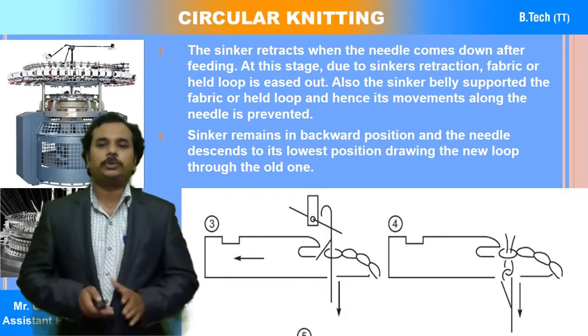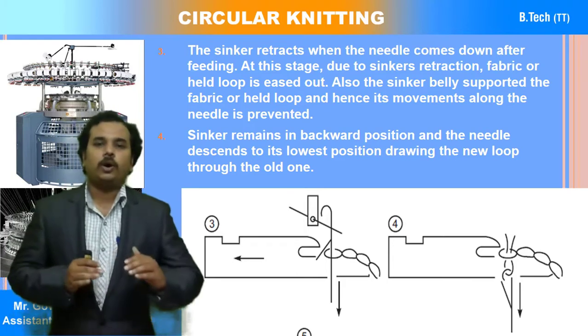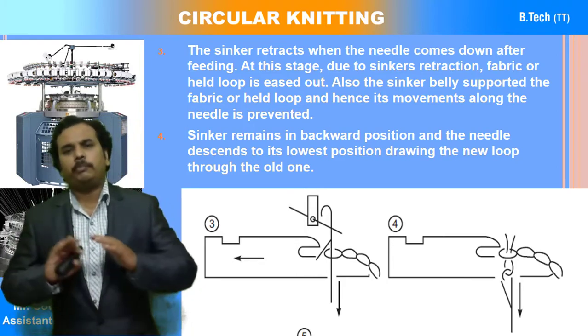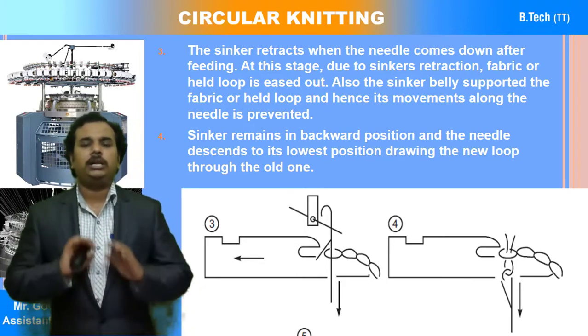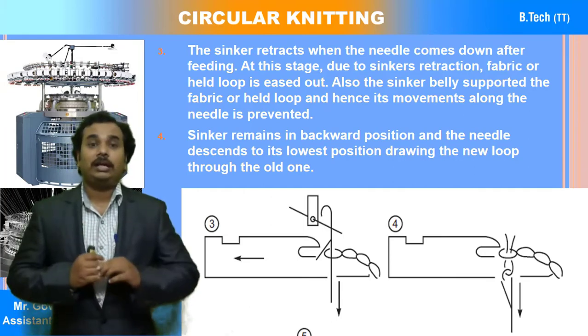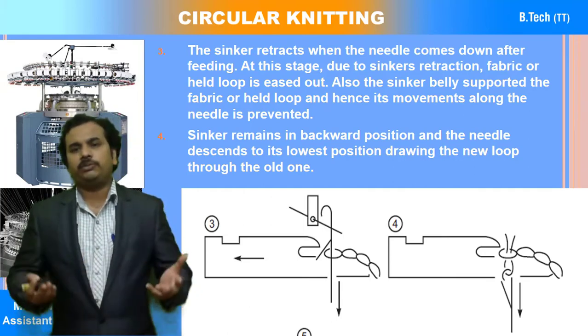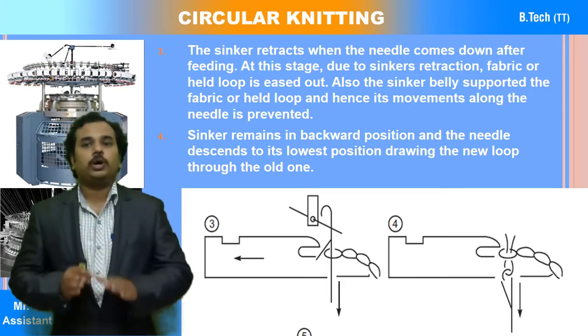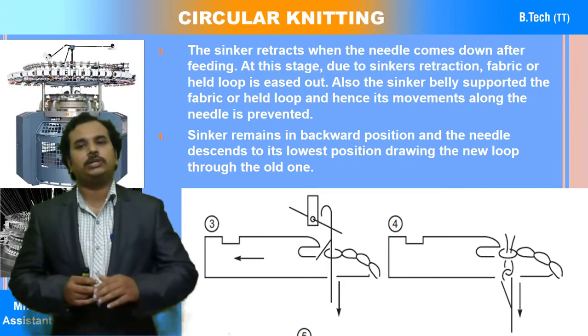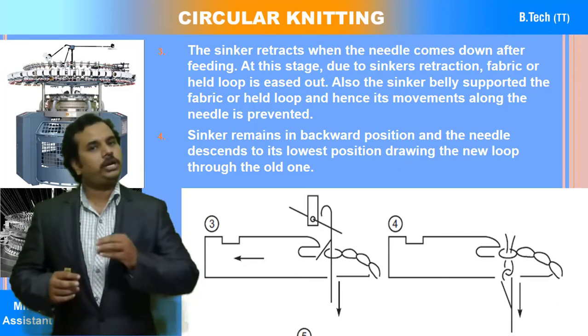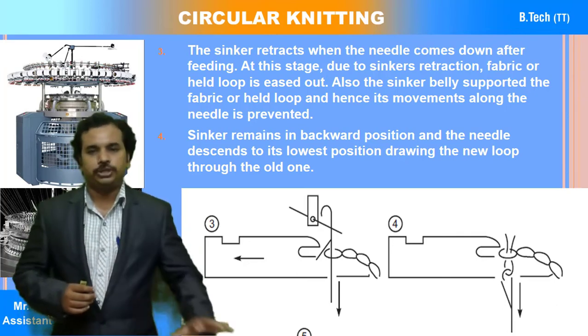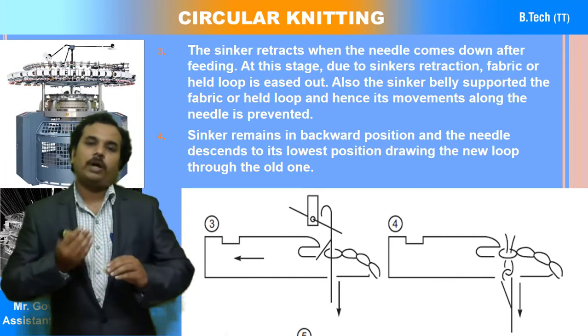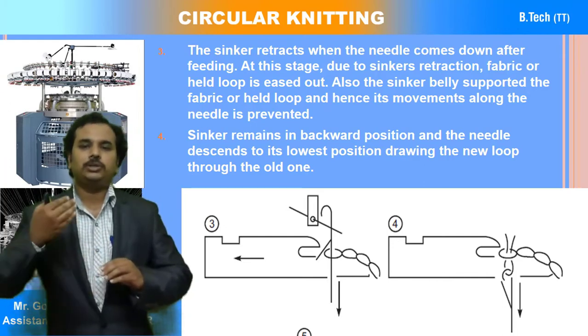Now the third position: after complete clearing of the needle, when the yarn is feeding, the needle has been completely raised up, so the sinker is not required. At that time the sinker is going to be retracted, going back to its original position. After the yarn feeding, the needle is going to come down.